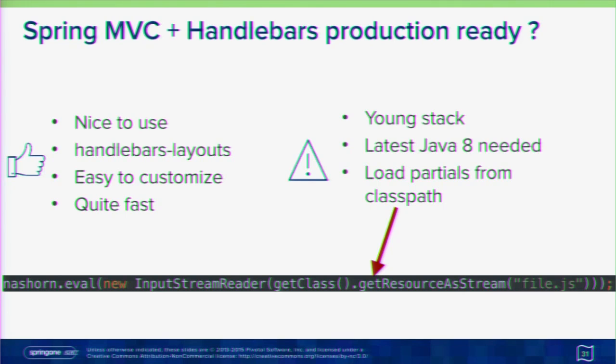As I said, Nashorn continues to evolve a lot, and the Spring script template support is quite young also. And that may be an issue or not, but you really need the latest Java 8 runtime. Depending on your ops team, I guess some ops teams will not be very happy to have to install the latest and greatest Java 8 runtime. So that may be an issue.